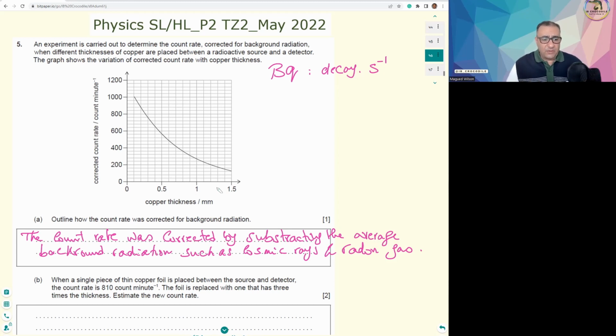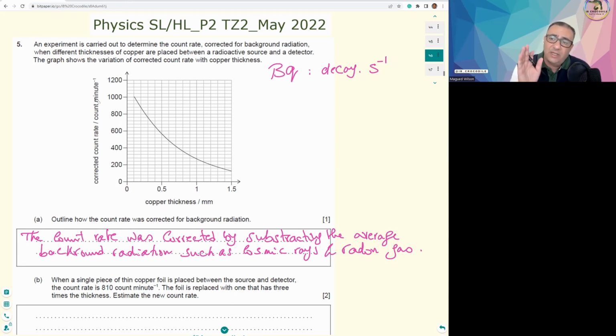Now part B: when a single piece of thin copper foil is placed between the source and detector, the count rate is 810 counts per minute. See here, the question is given in counts per minute, which is consistent with the y-axis.